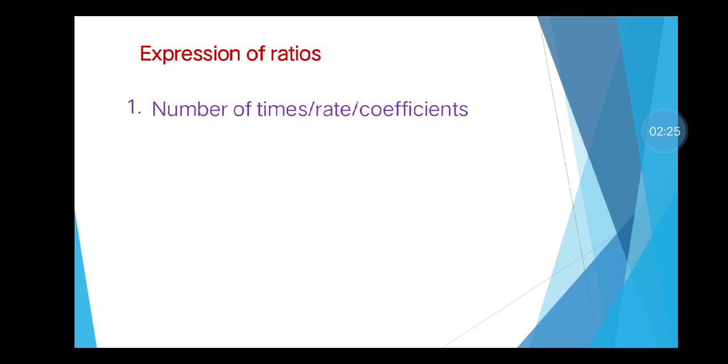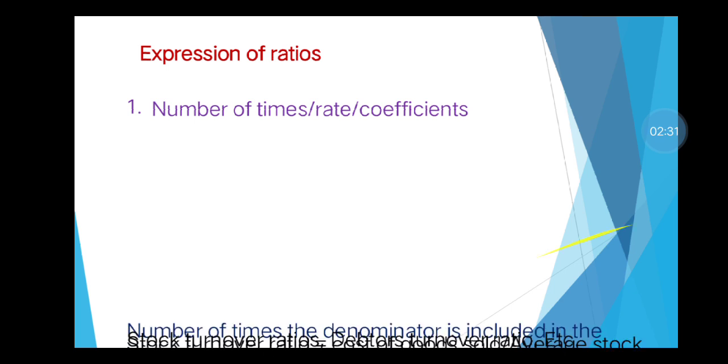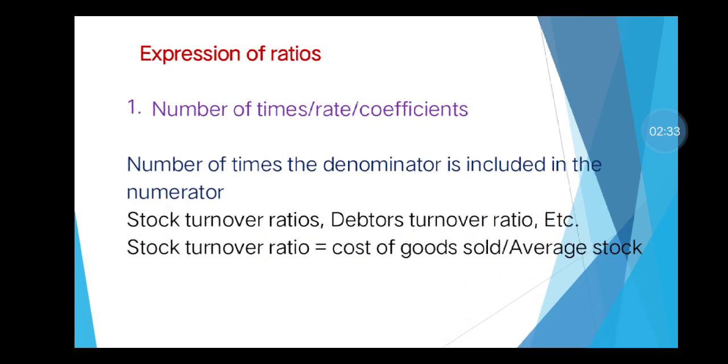First one is number of times or rate or coefficients. Here, the ratio shows the number of times the denominator is included in the numerator. For example, stock turnover ratio. That is one of the ratios that we have to learn.